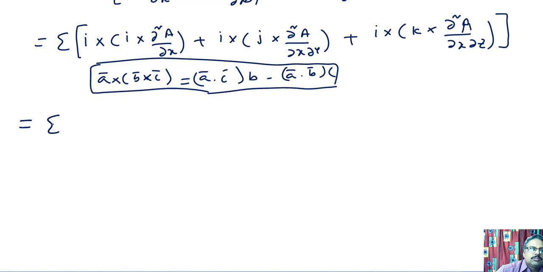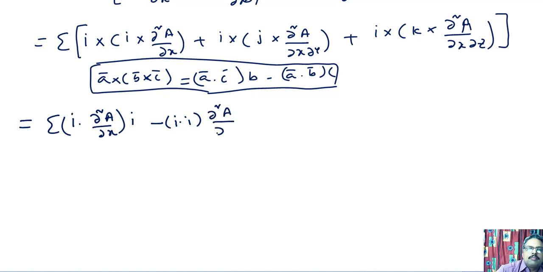Sigma. First, i dot dou square A by dou x square into i, minus this one, i dot i into dou square A by dou x square.